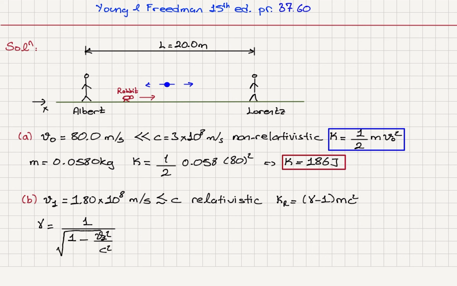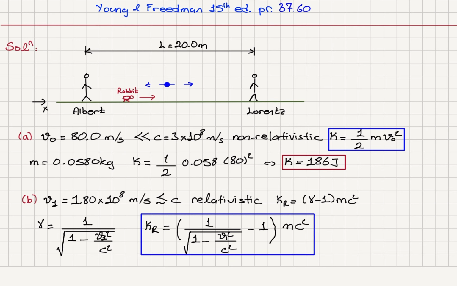This is all inside the square root. So we can calculate the relativistic kinetic energy as the relativistic correction factor, 1 over the square root of 1 minus V1 squared over C squared, minus 1, so that's gamma minus 1, times m c squared.